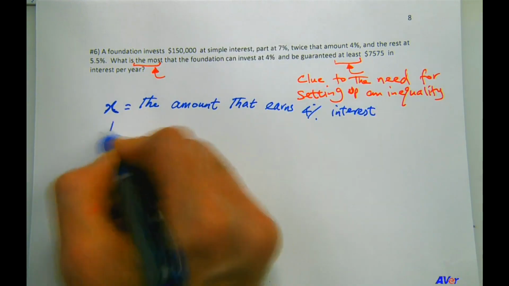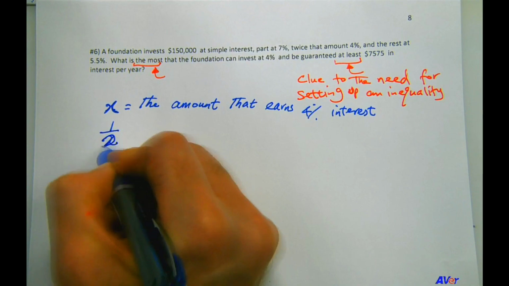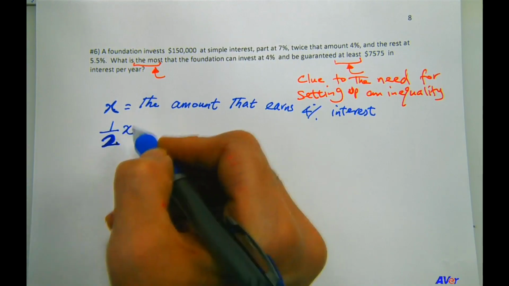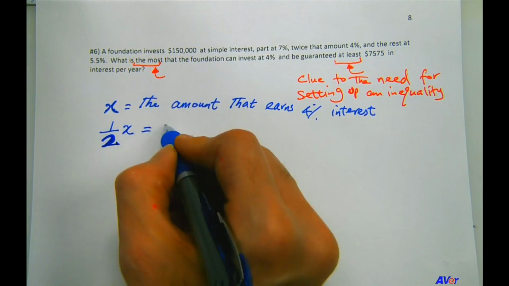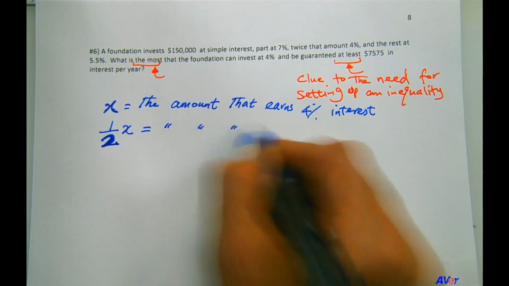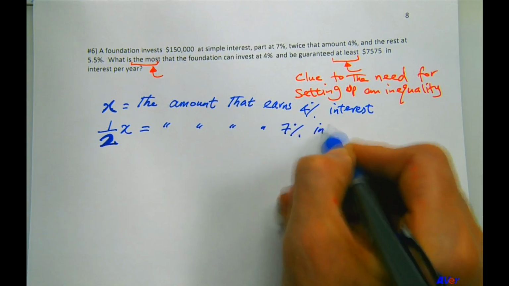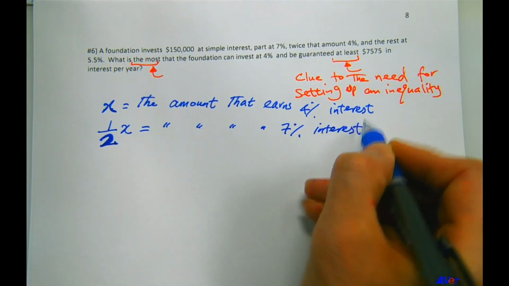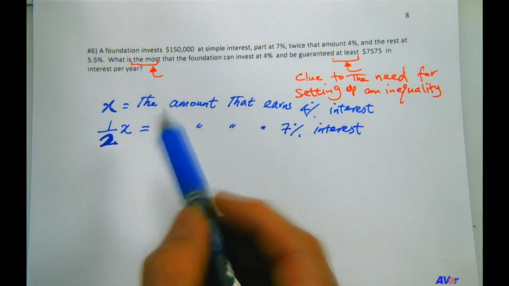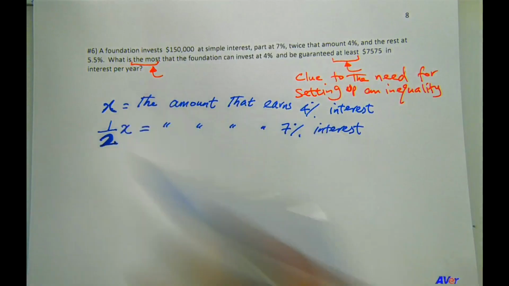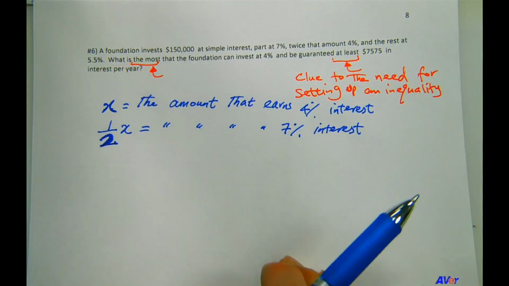So let's say 1/2 x. 1/2 x is equal to the amount that earns 7% interest, right? If you say this is twice that, it's the same thing as saying this is half of that. So that's how I wrote it.